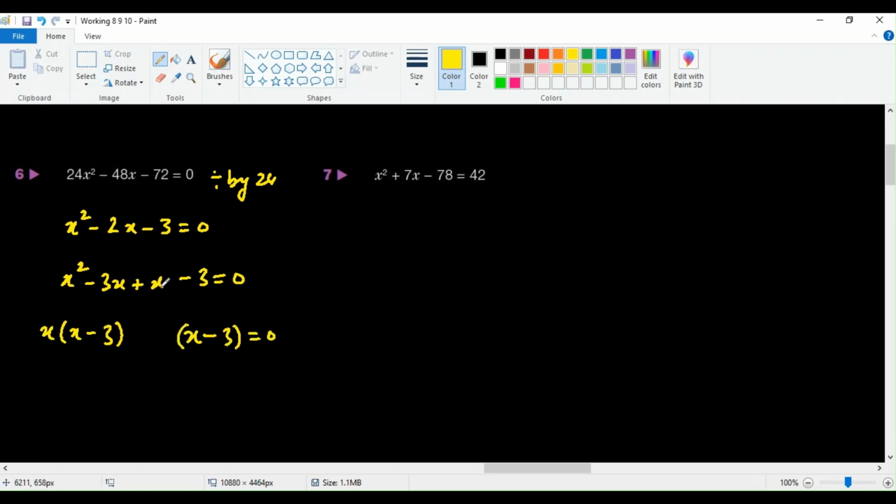Now look at the third term, we need to add plus 1 here. So x plus 1 and x minus 3 are going to be the factors, and the value of x is going to be negative 1 and x equals positive 3. These are the two roots of this equation.